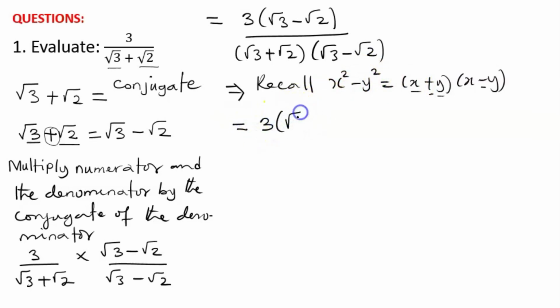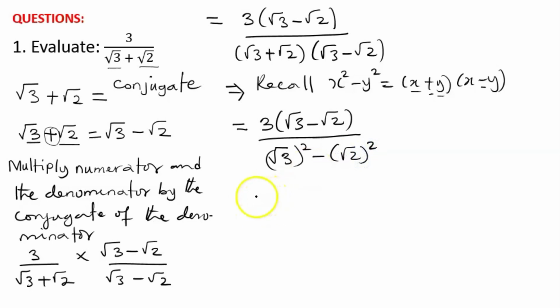So we are going to have root 3 minus root 2, divided by, when we apply the rule of difference of two squares, root 3 squared minus root 2 squared. Can you see that? So if that is done, we are going to have 3 into the bracket 3 minus root 2.